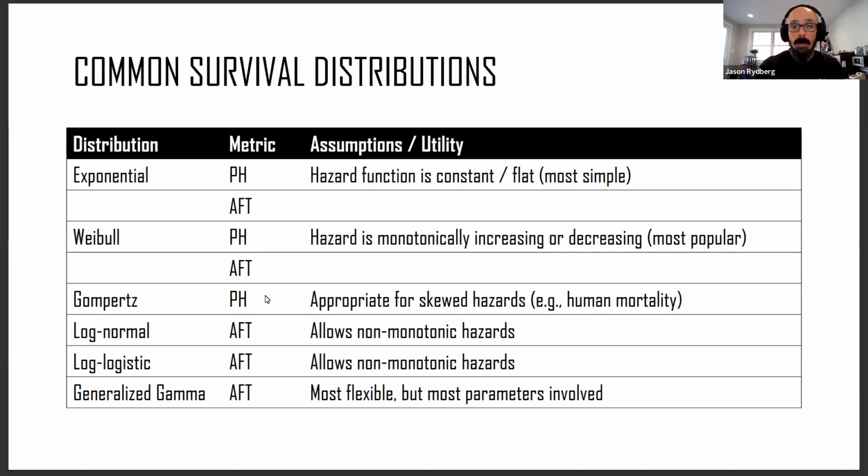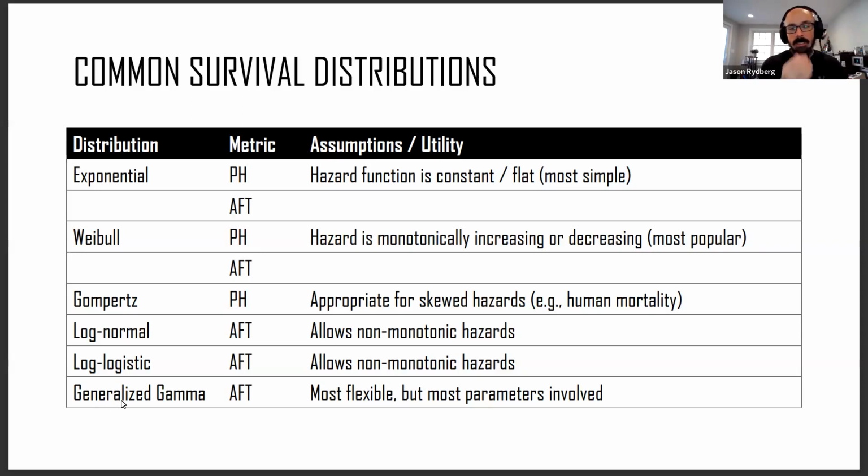The Gompertz distribution can only do proportional hazards, and it is useful when hazard functions are highly skewed. When you think about the hazard for humans, it declines very slowly and is essentially flat. Then as people get older, it increases exponentially beyond that point. Log normal and log logistic are useful for hazards which increase or decrease over time to the extent that they switch directions, so think nonlinear hazards.